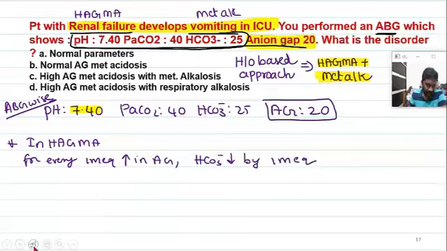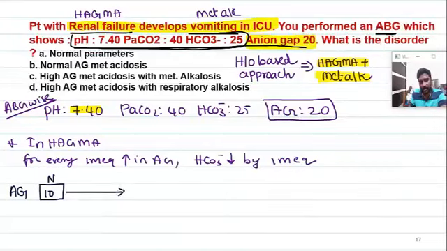Now let us see whether this relationship is followed here. So what is happening to the anion gap here? So if you take normal value as 10, here in the question it is 20. So anion gap has increased by 10. So following this relation, what exactly should have happened?